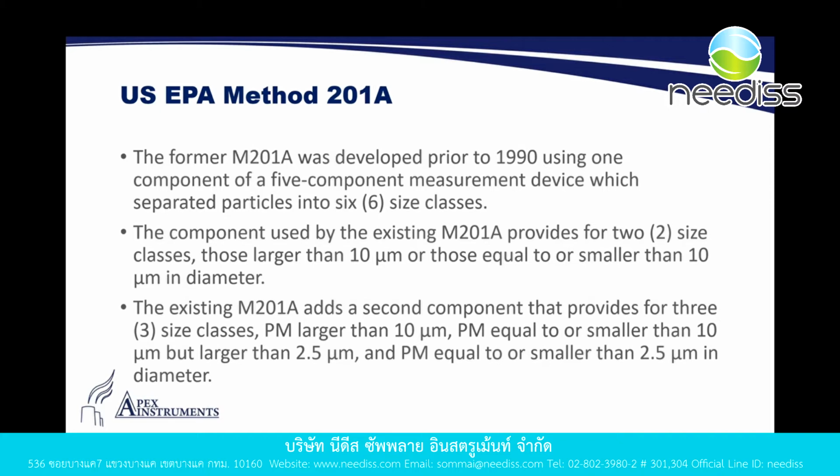So prior to Method 201A, which was developed in 1990, the US EPA was using a device that had a 5-component measurement device which would separate the particles into 6 class sizes. And we currently still have a very similar device like that right now.